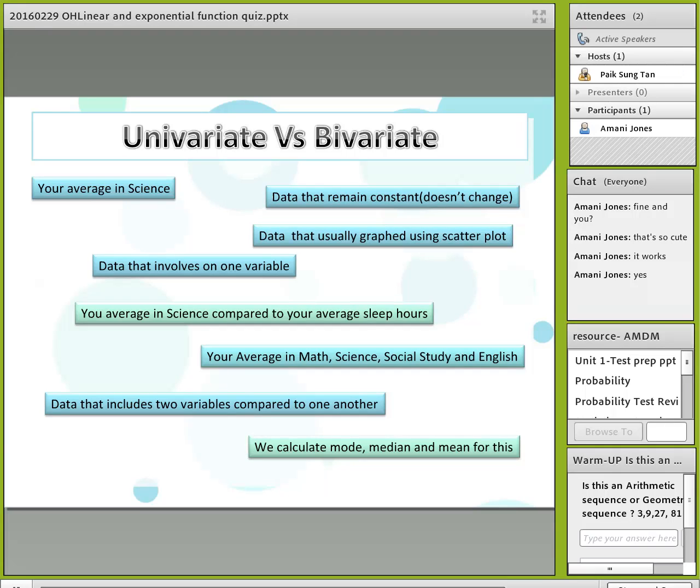You can go back and check what I responded. At this point, I want you to select a color that you like, blue or red. I want you to put a check mark next to the items that represent bivariate data.